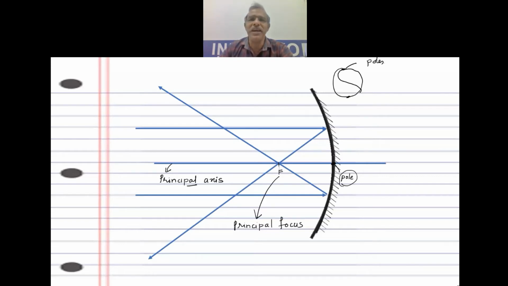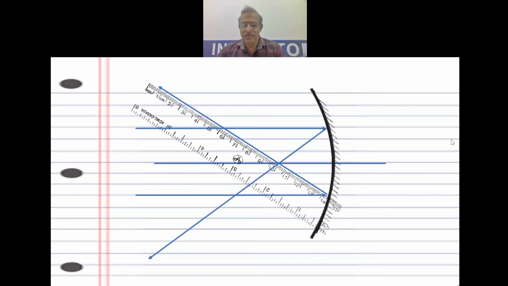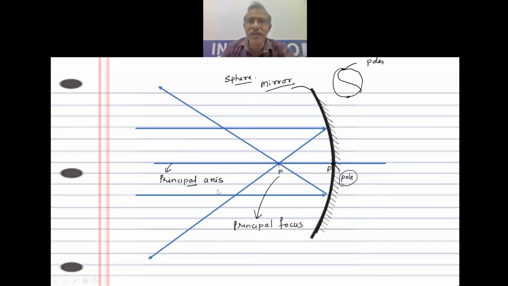And as I have told you, spherical mirrors are to be considered as a part of a sphere, and therefore this particular point is referred to as pole, and its symbol is P. Right? So now you have understood in this diagram what the principal axis is, what the principal focus is, and then the pole.